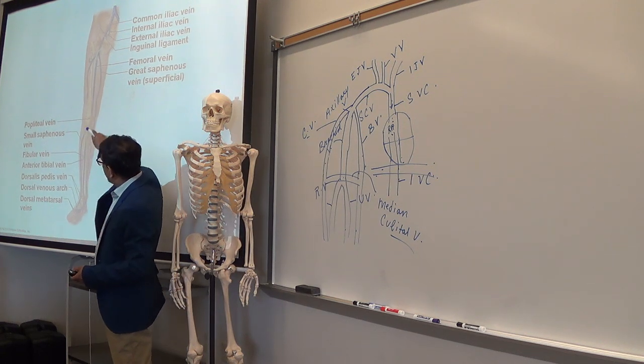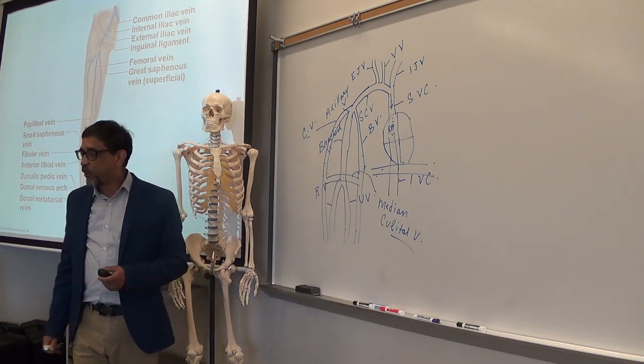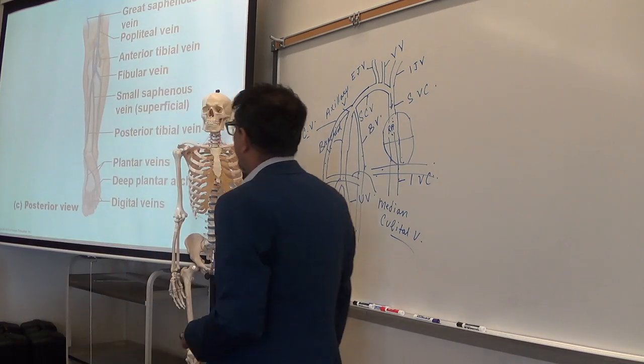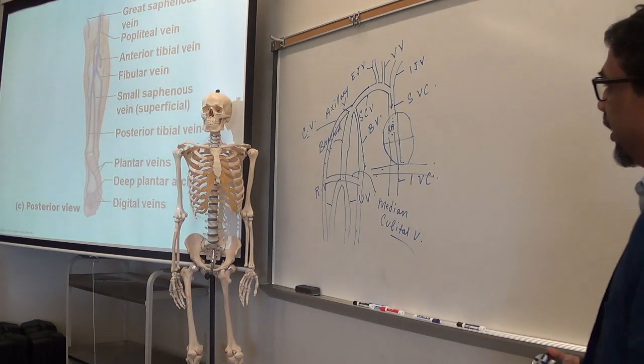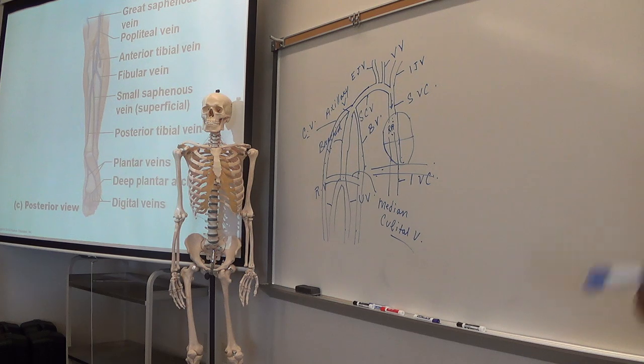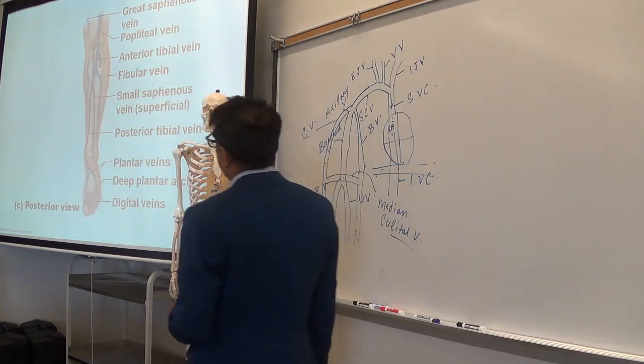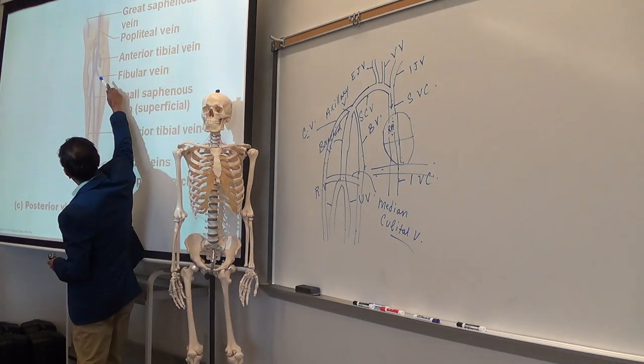Then you have anterior and posterior tibial veins. Look at this picture, it will be more clear. This is the back of the leg. So you see the popliteal vein. Then you get the small saphenous vein.